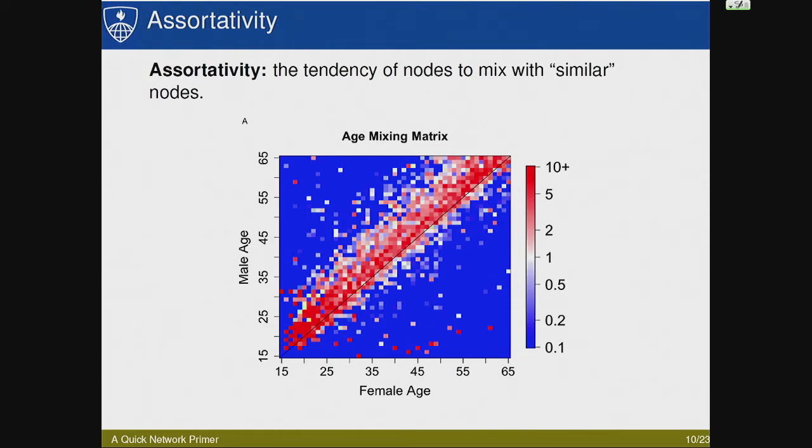And the most common example of this is age assortativity, where people of a particular age tend to mix, particularly in sexual networks, with people of about the same age. So here, this is the one-to-one line, and this red is indicating that sexual partnerships are tending to happen close to the same age, with maybe men being a little bit older.